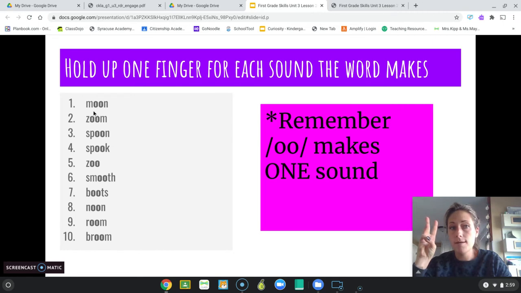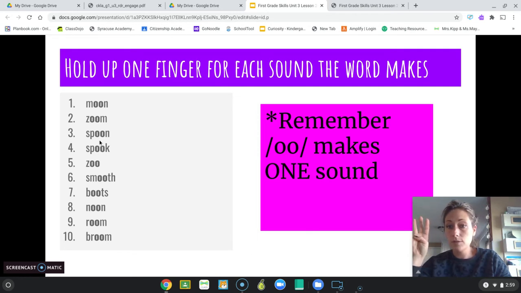M, ooh, n. Number 2, we have zoom. So we have z, ooh, m. Zoom. 3 sounds. Our next word is spoon. Let's see. S, p, ooh, n.